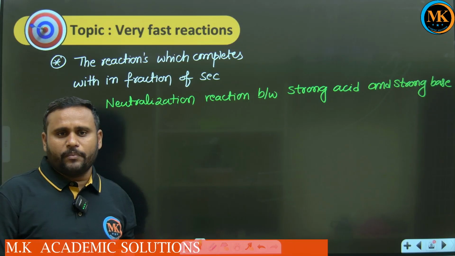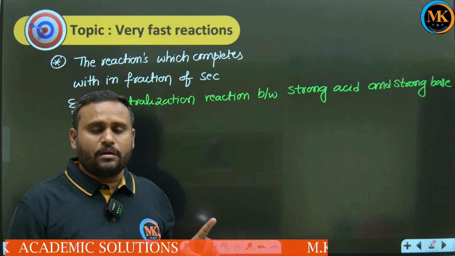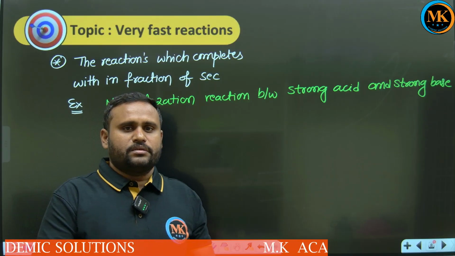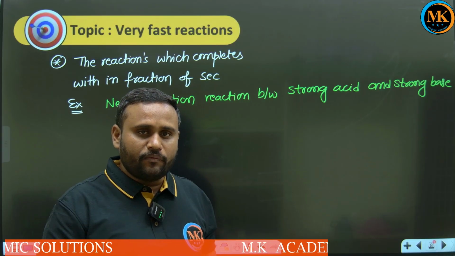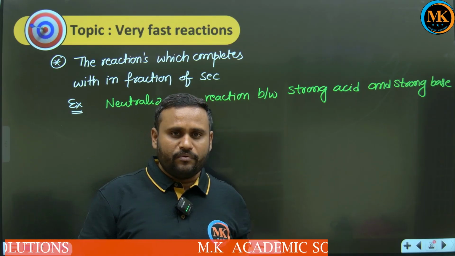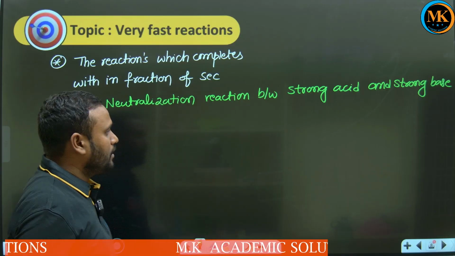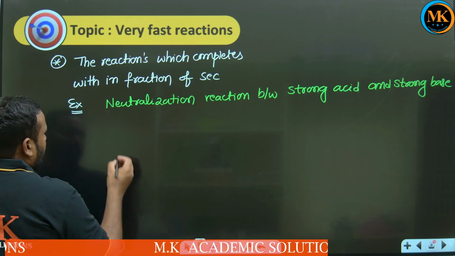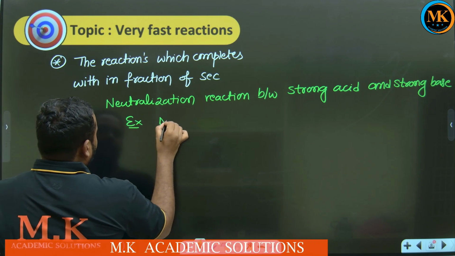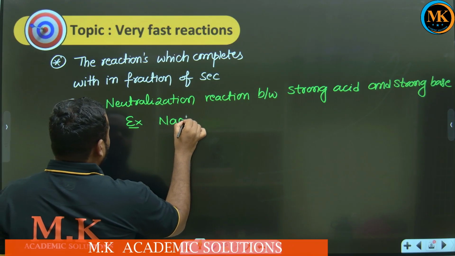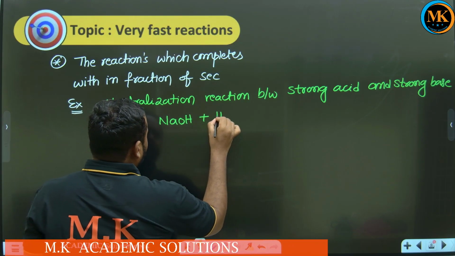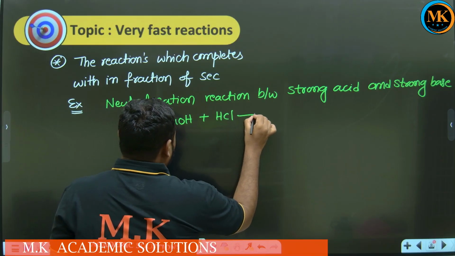See here, you remember all neutralization reactions are not very fast reactions. The neutralization reactions which occur in between a strong acid and strong base only are what? Very fast reactions. For example, you can take NaOH, a strong base, and HCl, a strong acid.